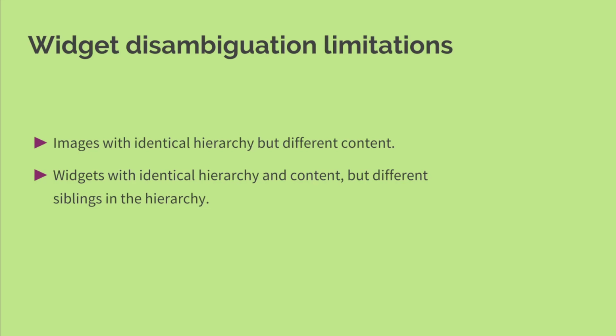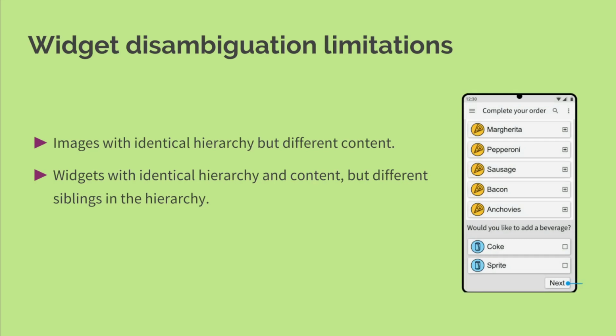For example, here the screen shows a short list of beverage options in which each row has the same checkbox, but all the rows have different text. We might want to target a specific checkbox, for example the first one, but if we only look at the parent and children hierarchy, there is no way to distinguish one from another.